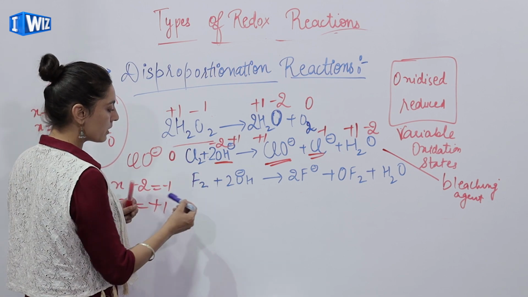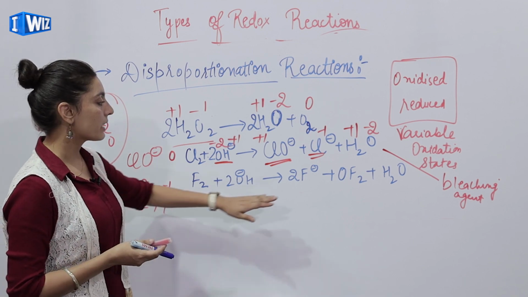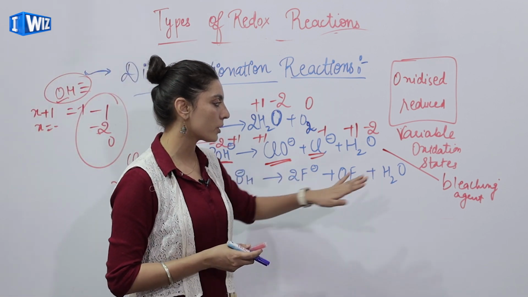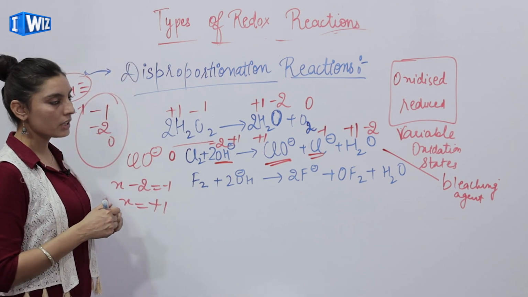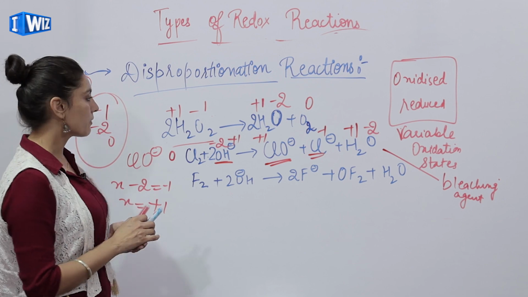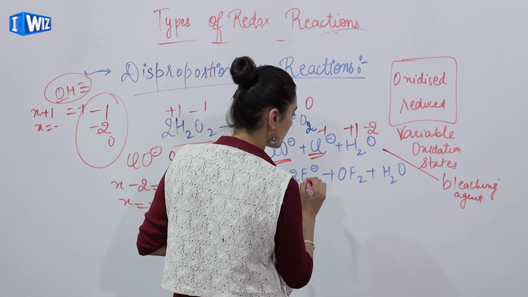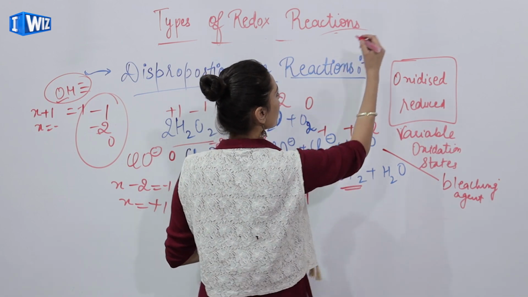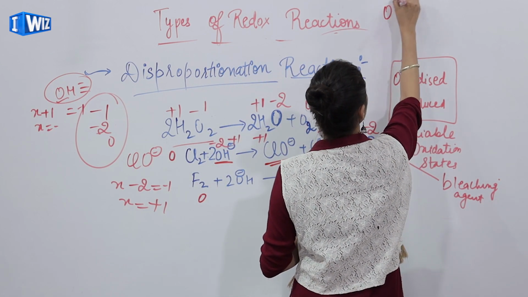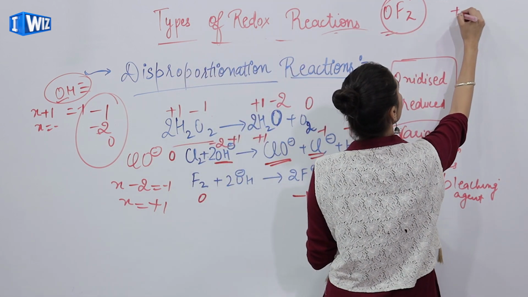Moving ahead, the last one, fluorine reacting in the alkaline or basic medium, giving F negative, OF2 and water molecules. Now in this particular case, I'll check the different oxidation states of fluorine: in the elemental form 0, here -1. In OF2, because I told you in the very first series, in oxygen difluoride, oxygen is present in the +2 state.